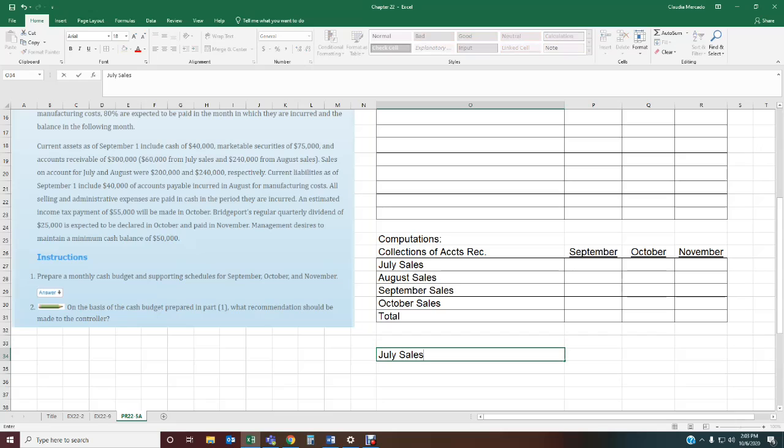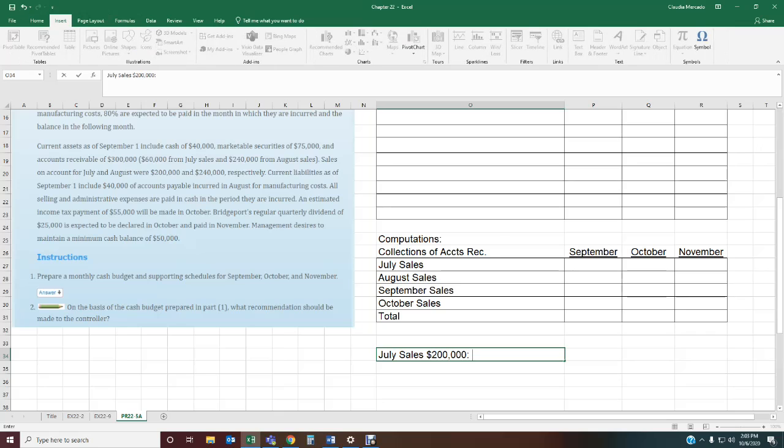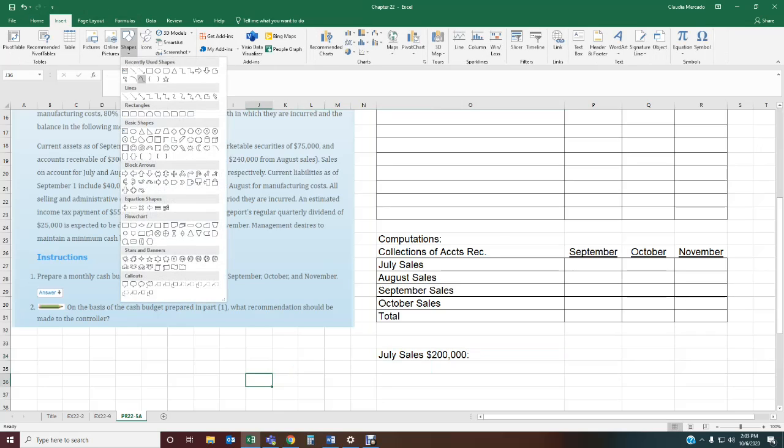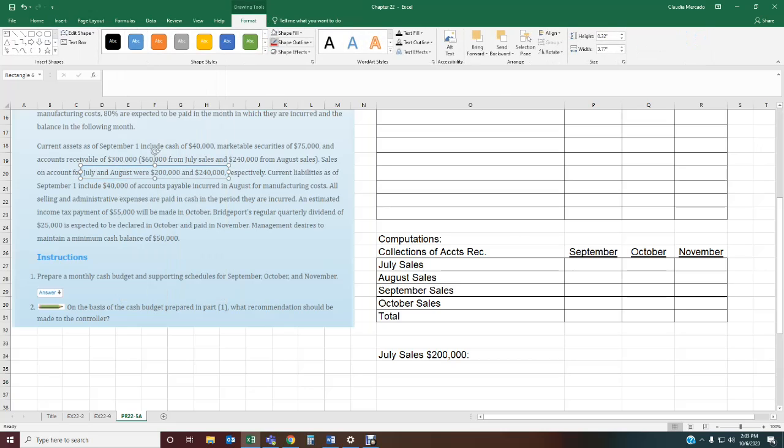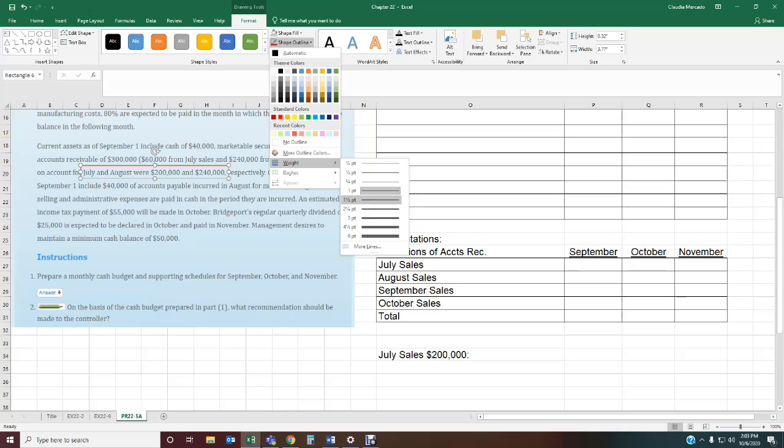July sales were $200,000, and that is given to you right there in the problem. Let me find it right here. July and August right there. This is the information that I'm using.